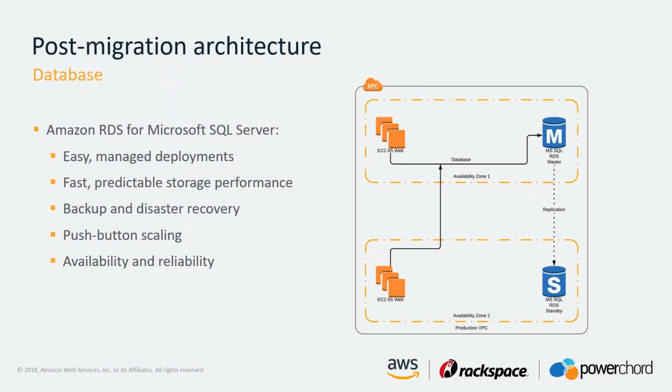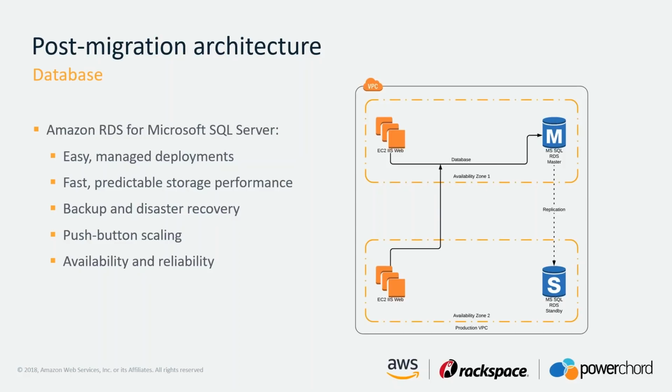And then the third tier on this post-migration architecture for Powercord was the RDS for Microsoft SQL Server tier. And this is a really interesting one as well. It was a major benefit win for Powercord because it allowed them to simplify their deployments. Because RDS is managed, there's a number of things that come from that. Monitoring metrics are automated.